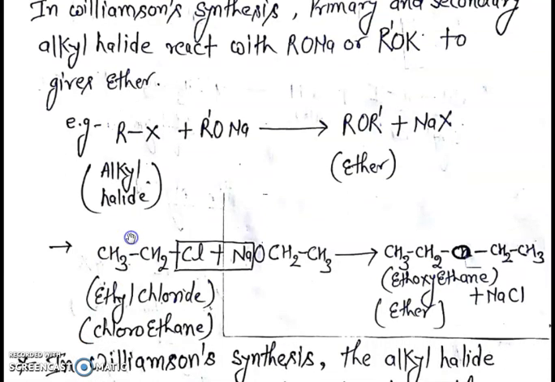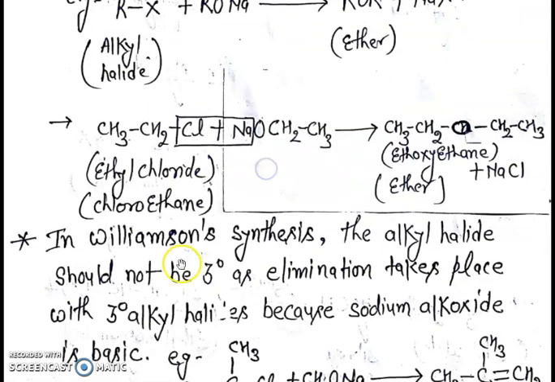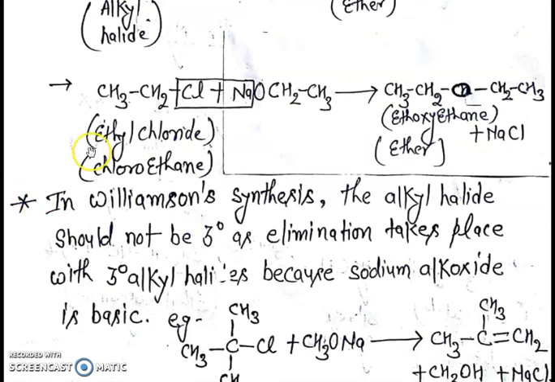The general reaction is given when alkyl halide reacts with sodium alkoxide to give ether. For example, when ethyl chloride or chloroethane reacts with sodium ethoxide to give ethoxyethane, and ethoxyethane is the ether.